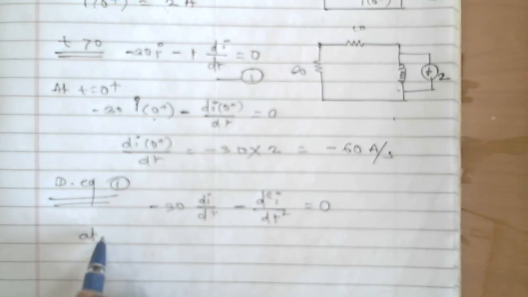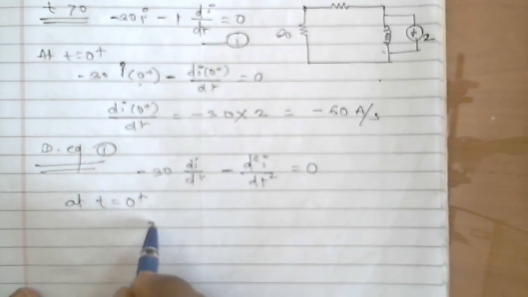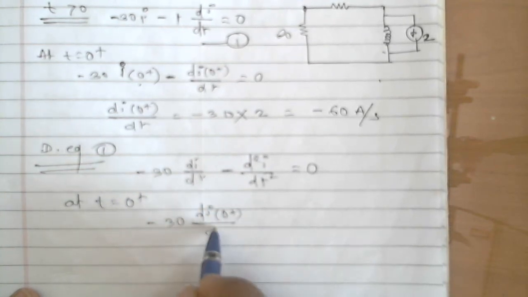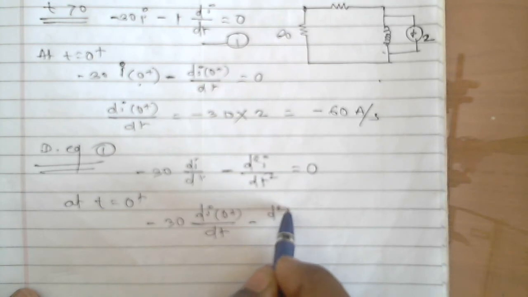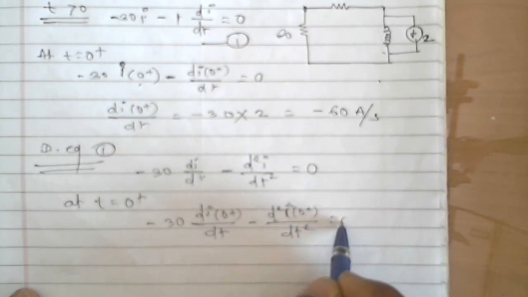So at t equal to 0 plus, this will become minus 30 di at 0 plus by dt minus d²i at 0 plus by dt² equal to 0.